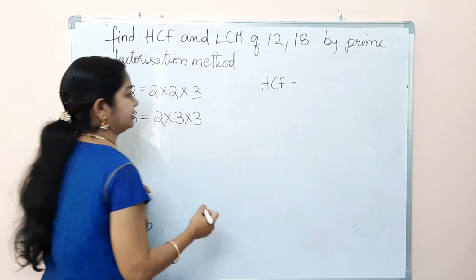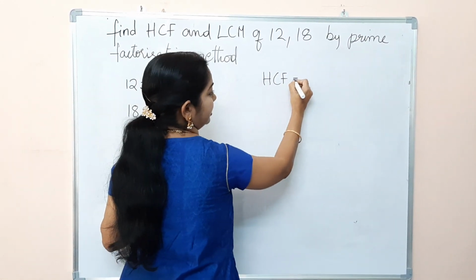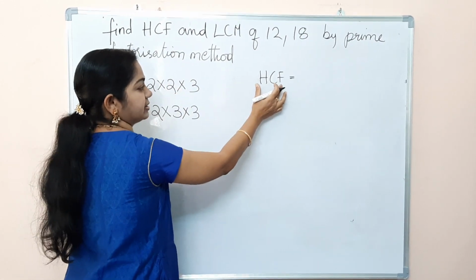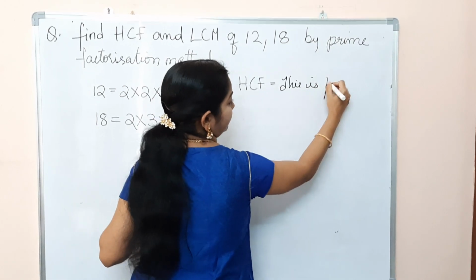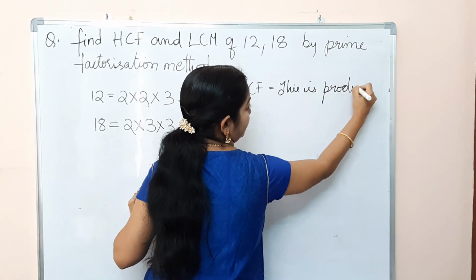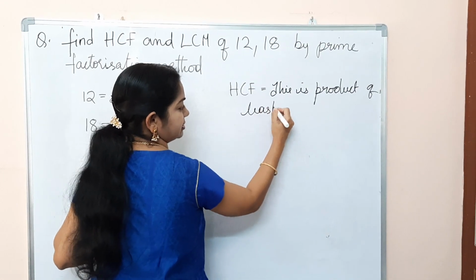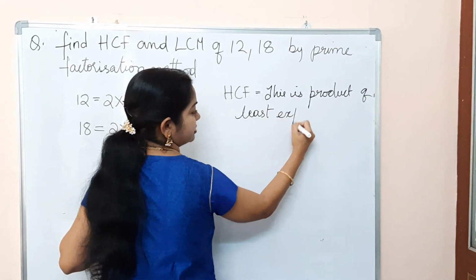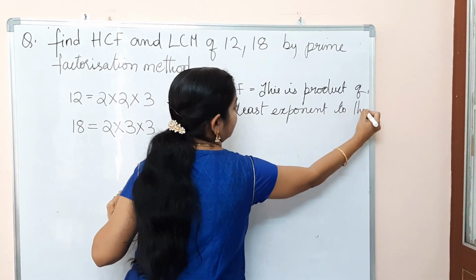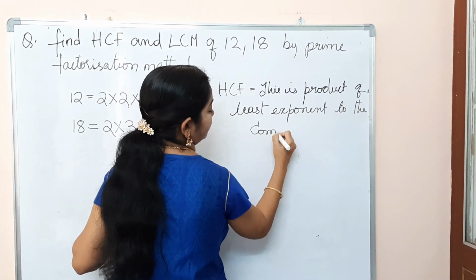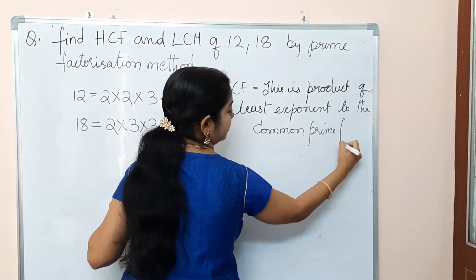You have learned HCF, LCM in your 6th class, isn't it? Now here, how to find this HCF? It is the product of the least exponents of the common prime factors.